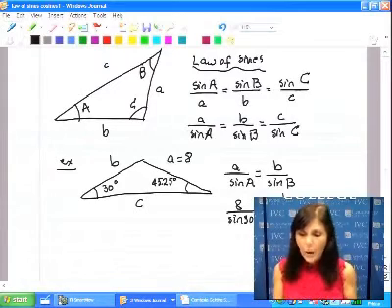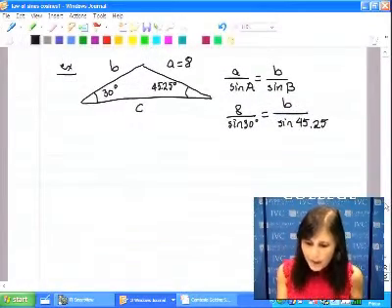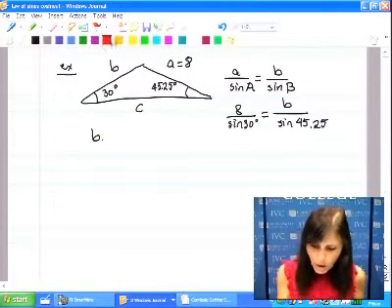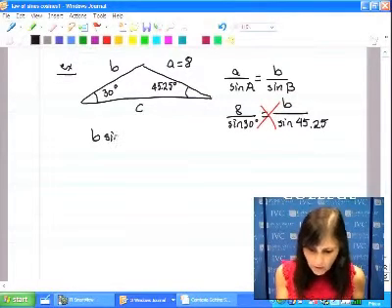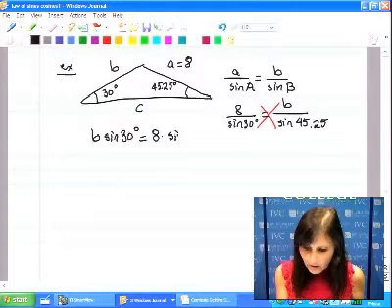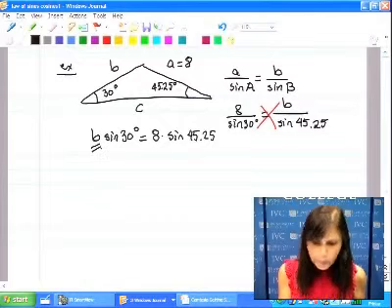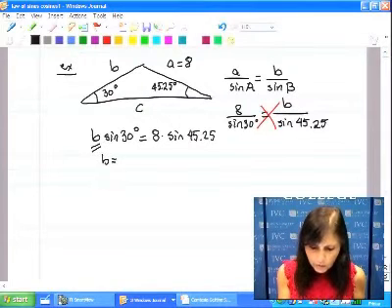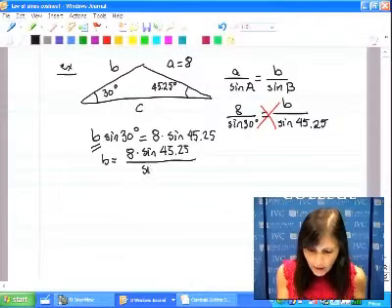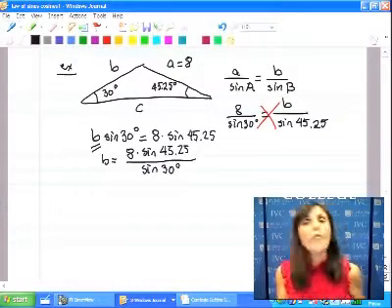And I know everything but little b, so let's pull the little b out. So b, when you crisscross your proportion, remember how you used to do that? It's going to be b times sine 30, and that is going to be 8 times sine of 45.25. And when I pull the b out, I will get b equals 8 times sine of 45.25 over sine of 30. And I can solve for the b side.